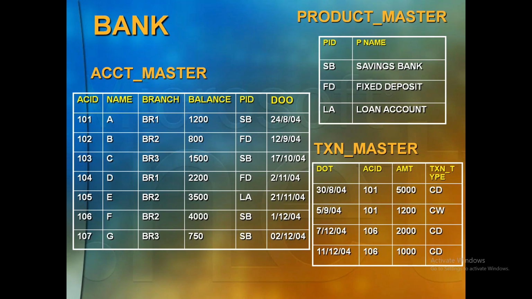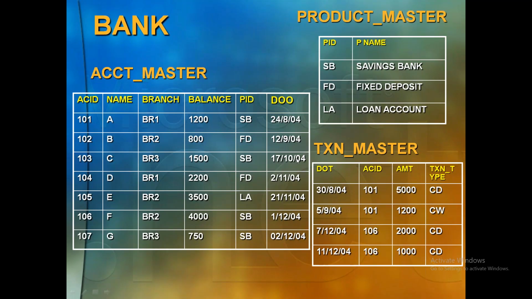Am I clear? And I wanted to know the number of transactions done by each and every customer. So 101 has done two transactions, one cash deposit and one cash withdrawal, and 102, that is B, has 0, and C is also 0. I wanted to know their names and the number of transactions that they have done. Clear? So all this information, if I wanted to get it, is not available in a single table.